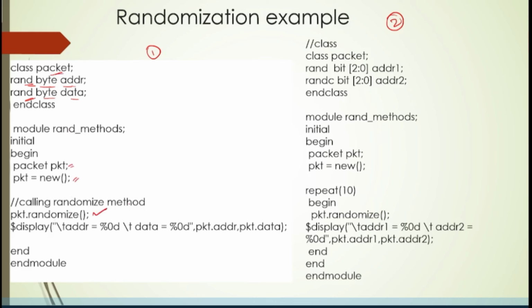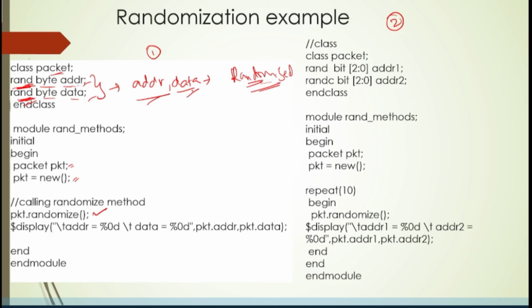That means I am calling the randomization method. By using the rand keyword, address and data both got the ability to be randomized. But just by giving the rand keyword, this won't be randomized.